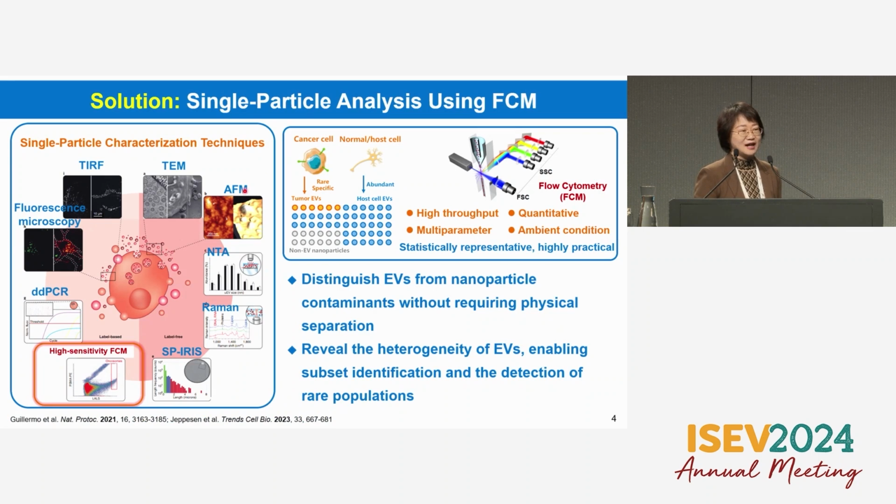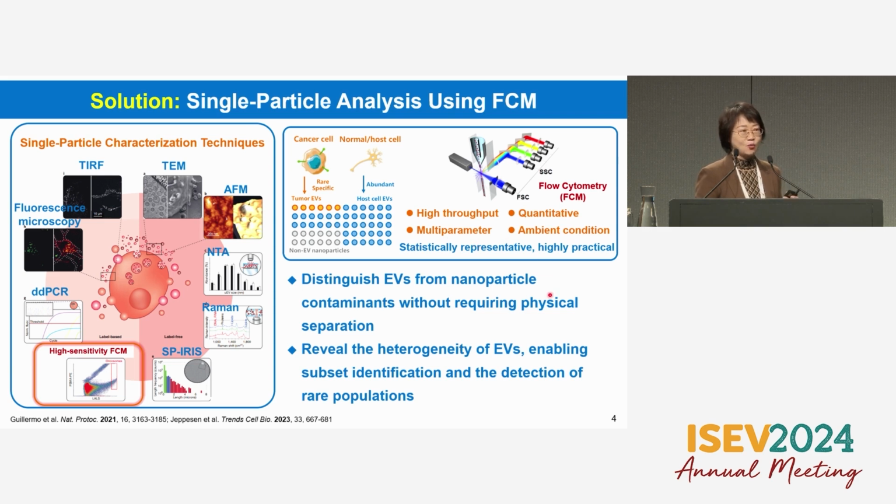So single particle analysis emerges as the approach to tackle the challenges I just mentioned. Among a variety of analytical techniques, flow cytometry stands out prominently due to its capabilities in high-throughput, quantitative and multi-parameter analysis of single EVs.